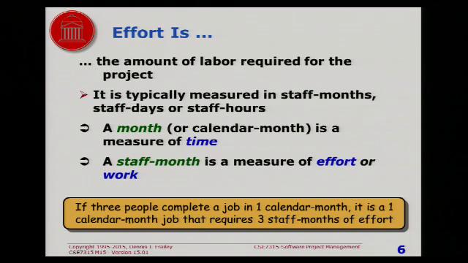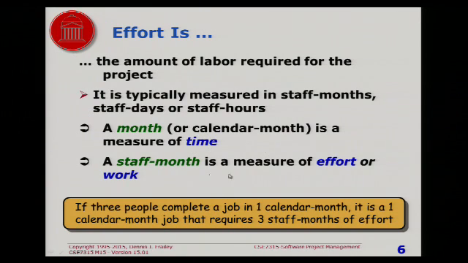Now, those of you who've studied engineering or physics know that the way you measure work is energy over time, and that's what we're doing here. A person month or a staff month is one staff member working over the period of 1 month. So it's the same idea. A month is a measure of time.